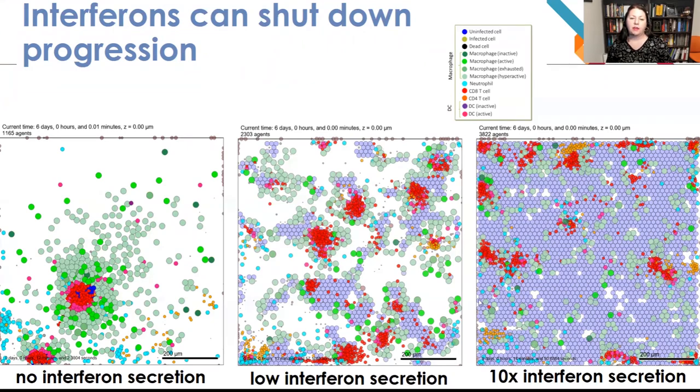And so with the interferons that are secreted, depending on the rate of interferon secretion, you could have maintained the integrity of the entire tissue through that interferon signaling that allows the host cells to fight off the infection before the overall immune response happens. So different levels lead to different remaining tissue.